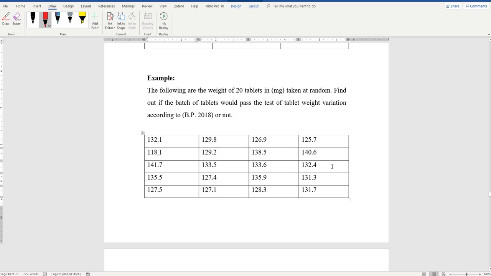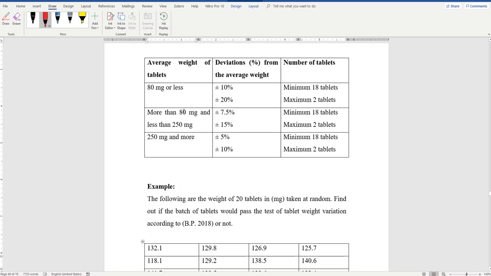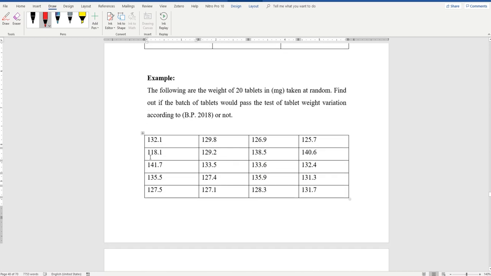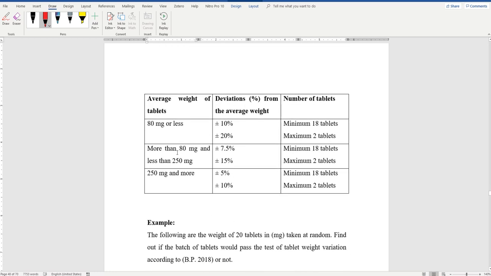So how many weights do you have? You have 20 weights. Count them, you will see 20 weights. What will you do after that? Calculate the average for these 20. Then take the average and see where it belongs. Of course, you will see that most of them are about 130 milligram. So it should be here.